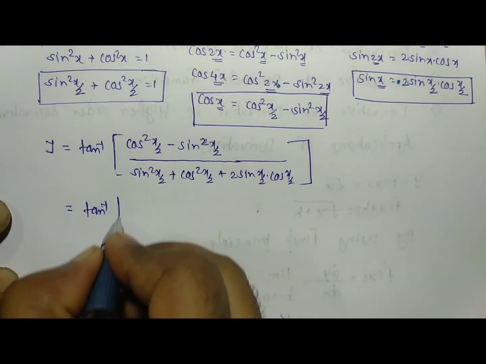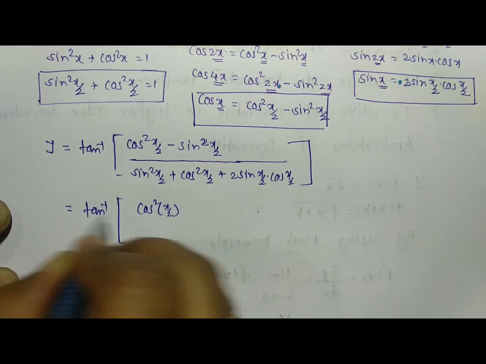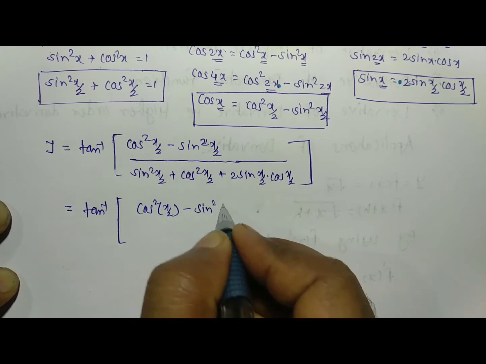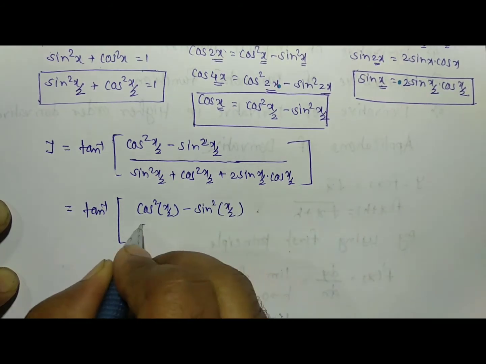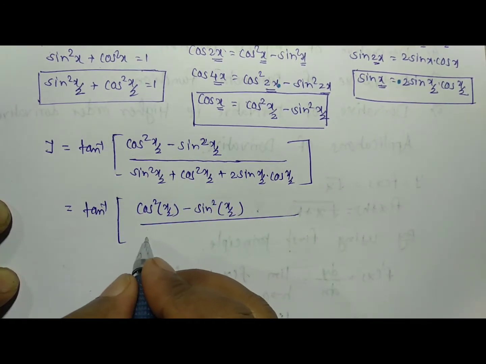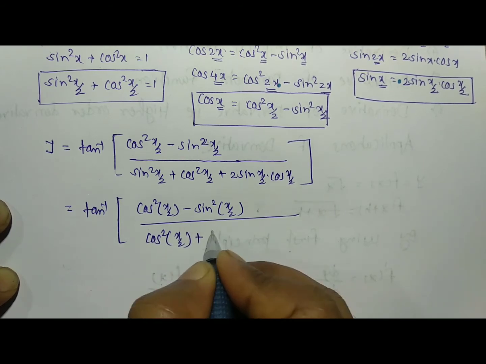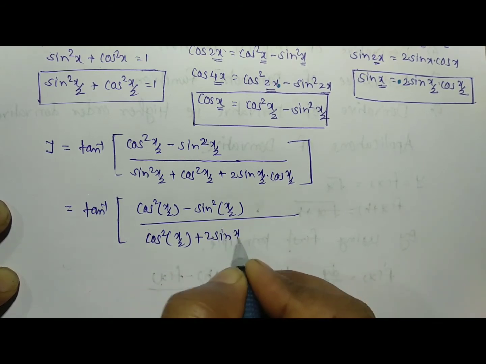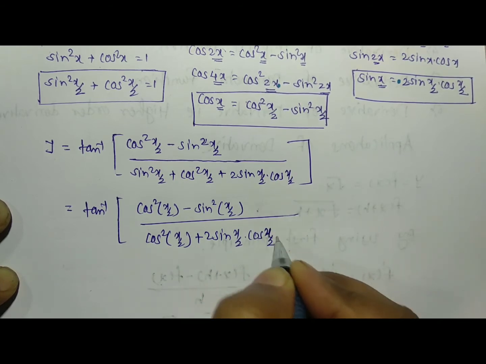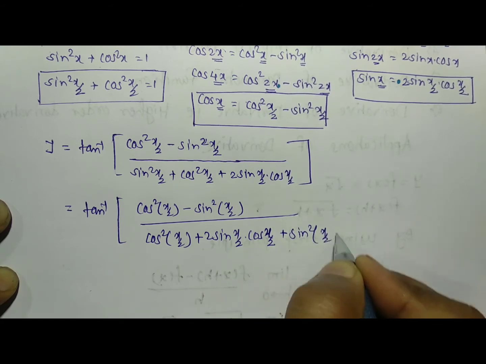Tan inverse of cos square x/2 minus sin square x/2, written in a complete form, divided by, right now we have to rearrange those terms here: cos square x/2 plus 2 into sin x/2 into cos x/2 plus sin square x/2.